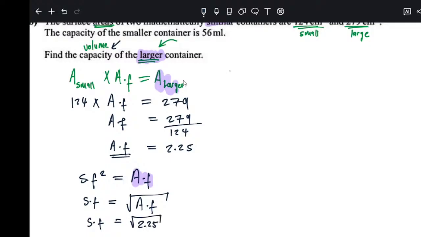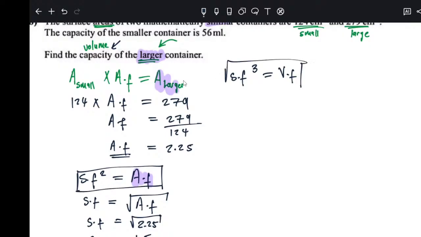What is the scale factor going to be, class? What's the square root of 2.25? 1.5. That's going to be your scale factor. Now you want to change it to volume factor. You now say scale factor cubed is equal to volume factor. So you should know this relationship. Scale factor squared is area factor, and this one, scale factor cubed, is volume.